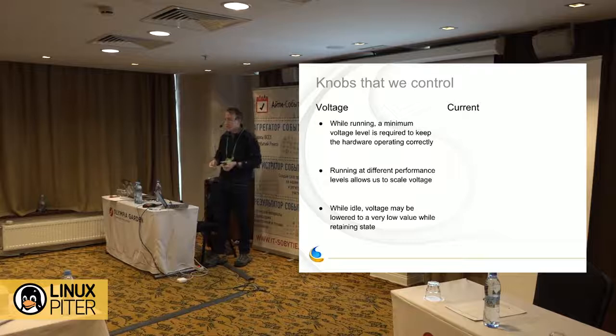Let's say you have a little bit of memory inside a module that's retaining some state, but you're idle, you're not doing work. You may be able to lower voltage very, very low and retain that memory using some low power retention magic in the hardware. So imagine voltage as a slider, and we can go up or down depending on the type of power saving technique that we're using.